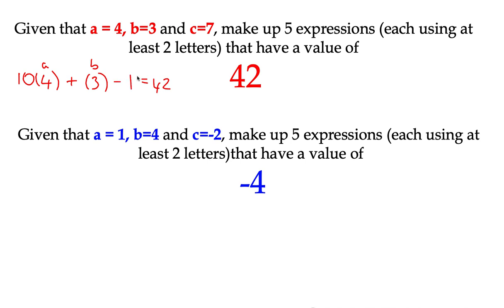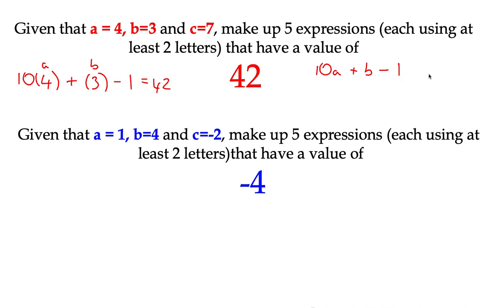I'm quite happy for you to introduce adding or subtracting numbers as well, okay? So in this case, 10 lots of 4 is 40, add 3 is 43, take away 1 does give you 42. That's my rough working. So my answer is 10A plus B, because that's 1 lot of 3, minus 1.